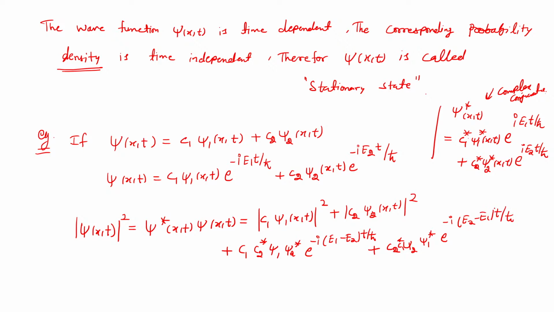Now it's not necessary that these two things will cancel out, because the energy is different. Also psi 1 star is happening, C1 star is happening here. So there is a very good possibility that these could be non-zero. So there is clearly time dependency in this factor, and if there is a time dependency in this probability density function, this is basically the probability density, this is just a non-stationary state.